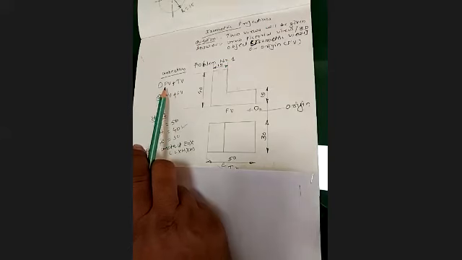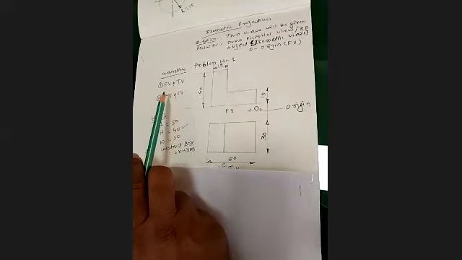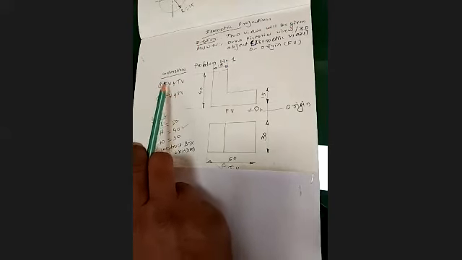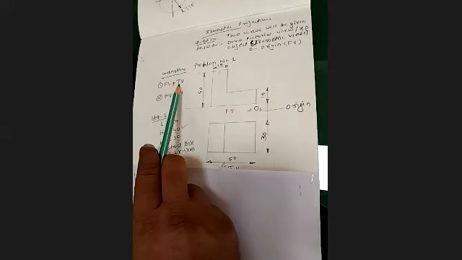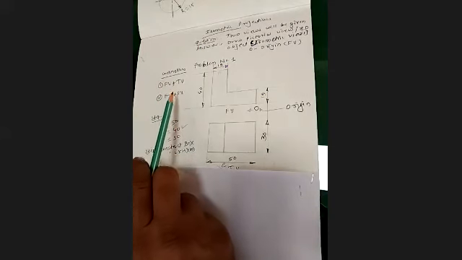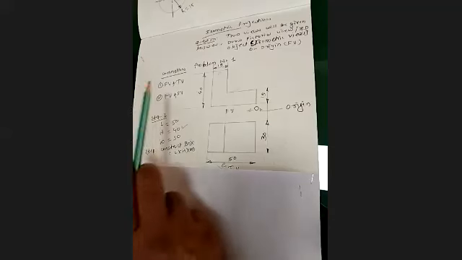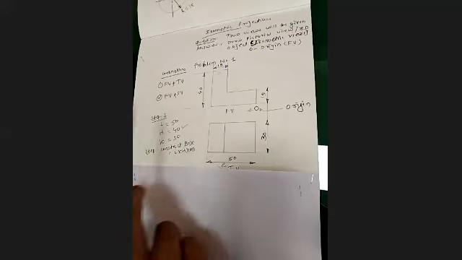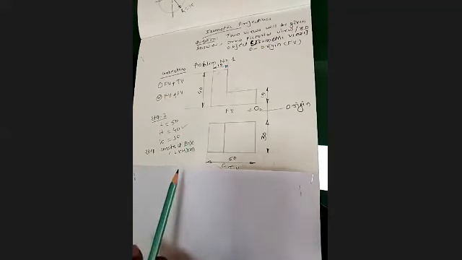So the combinations are front view and top view, front view and side view. Front view will remain a compulsory view, and alternately they will give either top view or side view, right? So these two combinations you will get here.